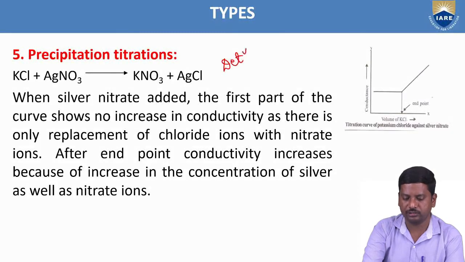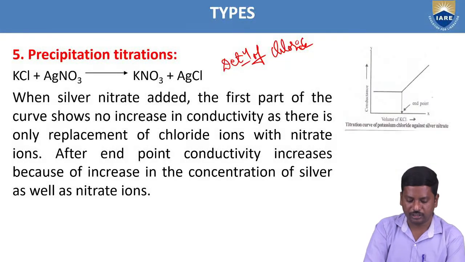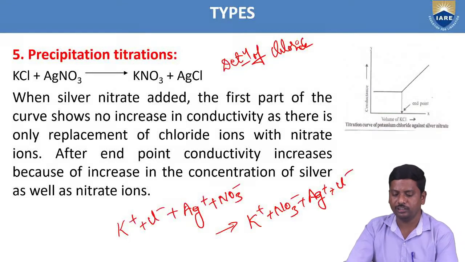Determination of chloride in various samples. That means initially, the strong electrolyte KCl, K plus and Cl minus, reacts with silver nitrate, Ag plus and NO3 minus, to give potassium nitrate, K plus and NO3 minus, plus silver chloride, Ag and Cl minus.